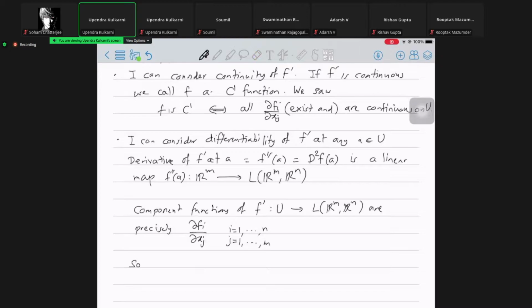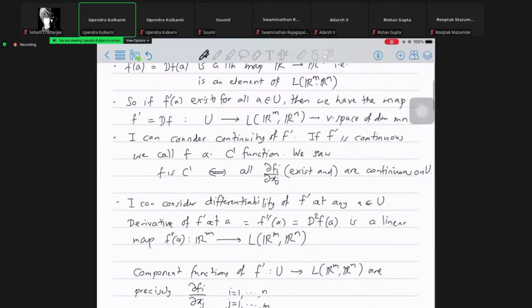Getting ahead a little bit, the matrix of f double prime of A with respect to the standard basis of Rm and L(Rm, Rn), which numbers? Let's just go back.